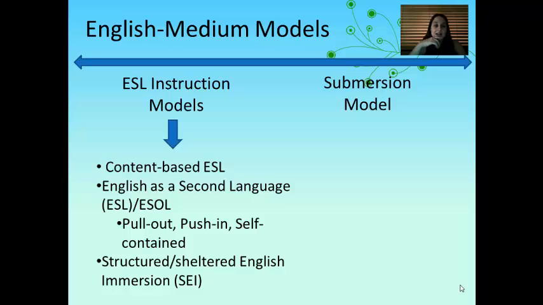We also know that in some communities, educators, parents, or community members may be opposed to bilingual education because of their ideologies or because of their misunderstandings about language acquisition and what's beneficial to support a child who's learning another language.